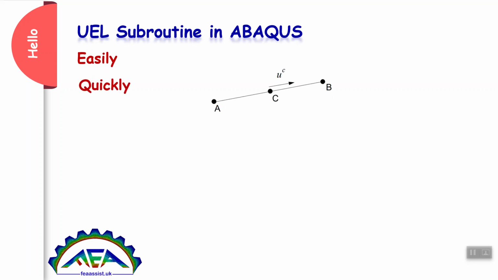UEL is a subroutine to define a new element in Abaqus. Consider you have a one-dimensional element with points A and B. For example, temperature in this element is interpolating between the temperature of point A and temperature of point B. So, an interpolation function computes and defines the temperature in any point in this element.